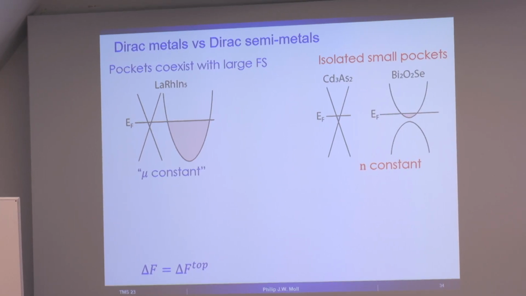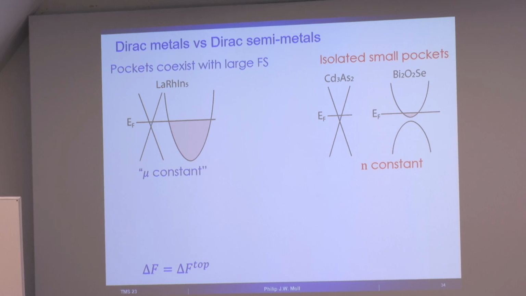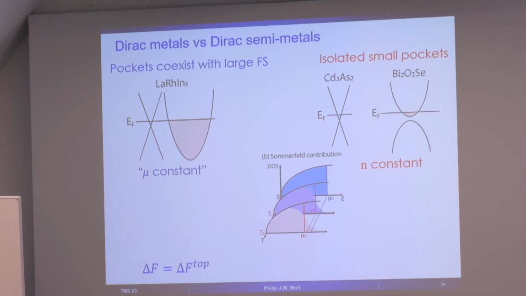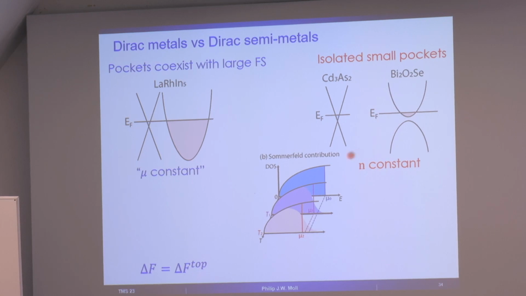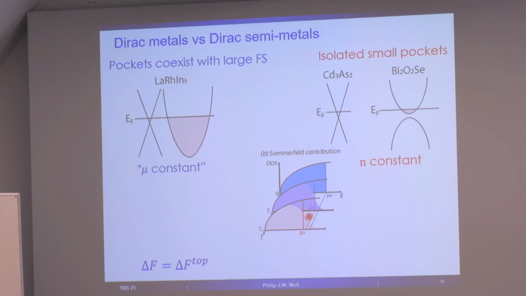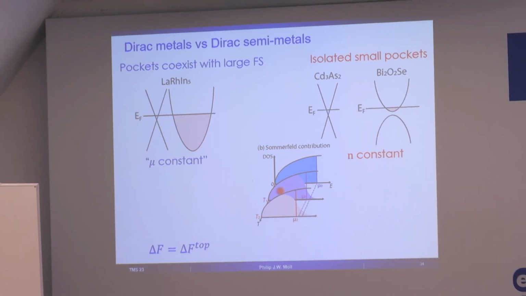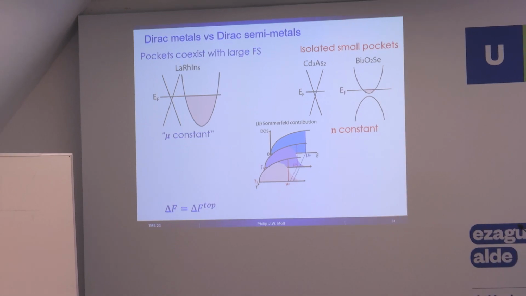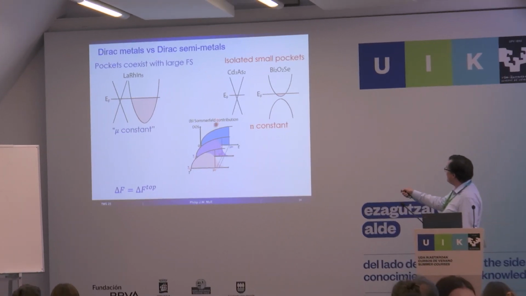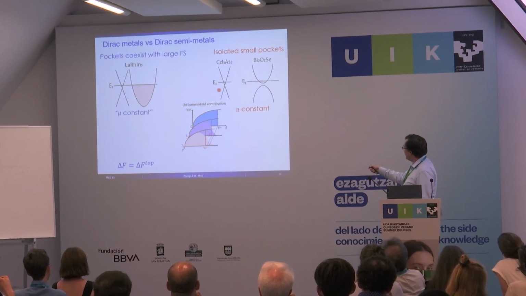However, if you're talking about isolated small pockets, actually Sommerfeld becomes important, right? In the Sommerfeld effect, simply because we need to keep carrier concentration constant, we also have to adjust our chemical potential in order to keep the carrier density the same. So there's also an effect coming from this. It's only relevant if you have very light isolated pockets.